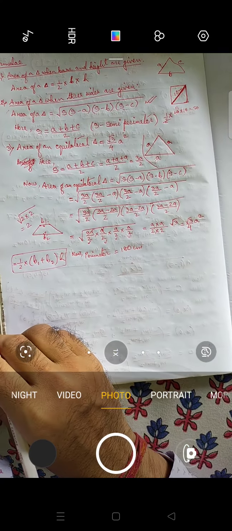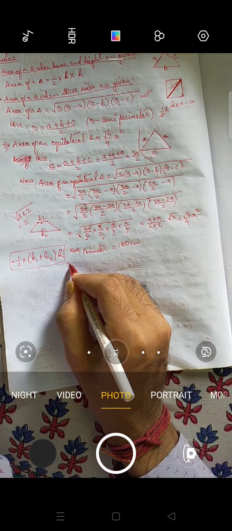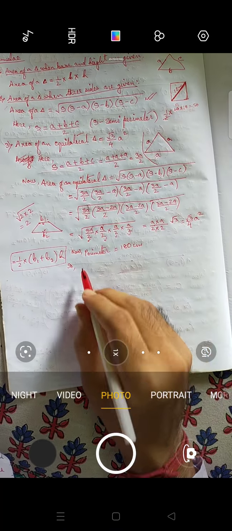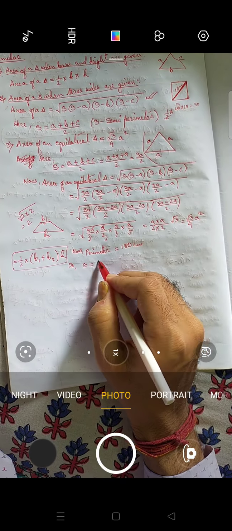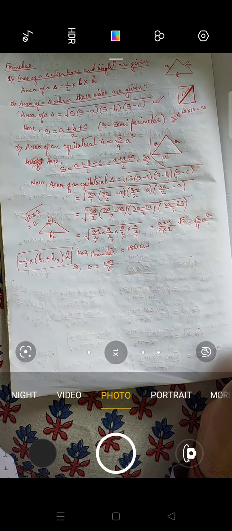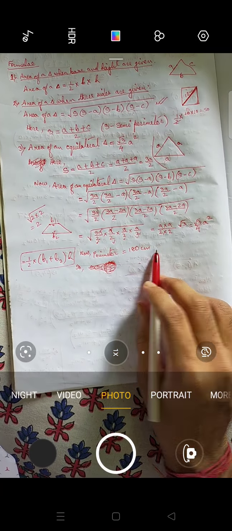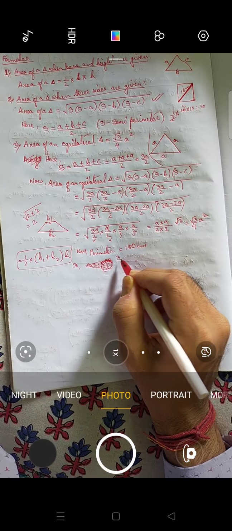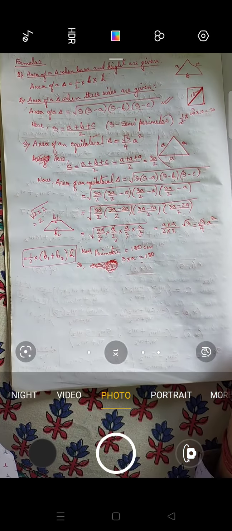It is given in the question. So can we say that 3 into a equals 180?